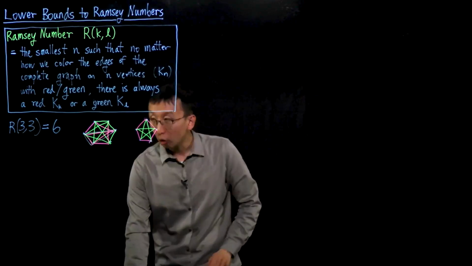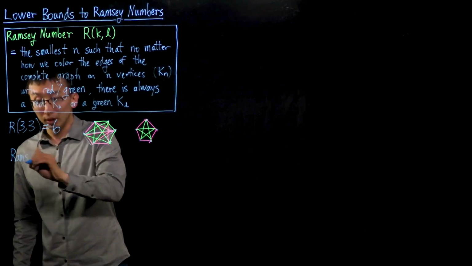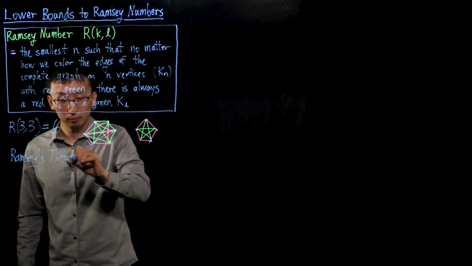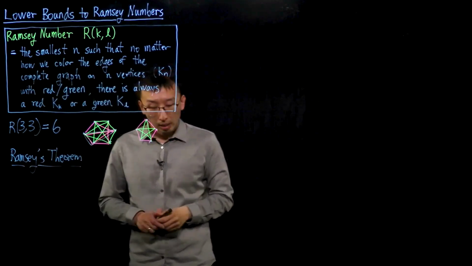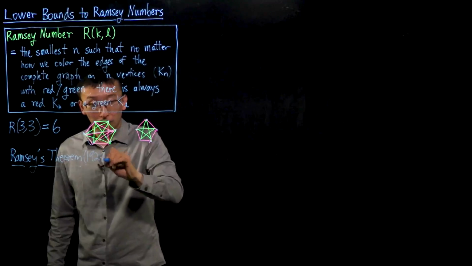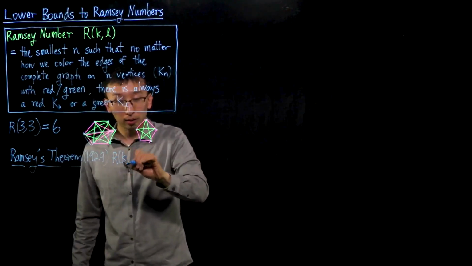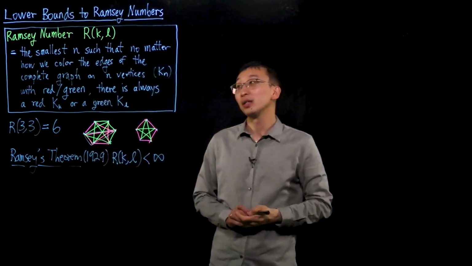An important result in combinatorics due to Ramsey, known as Ramsey's theorem, proved back in the 1920s, says that this number, R(k,l), is always finite. It is always a well-defined number.